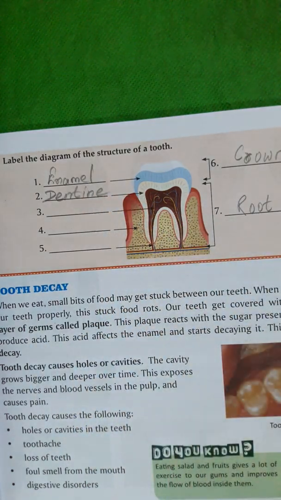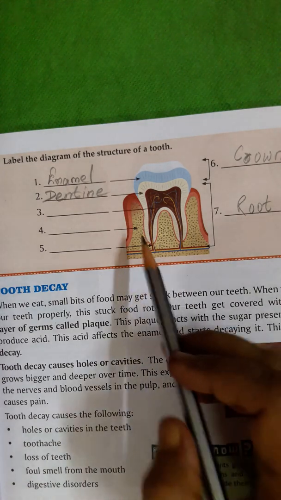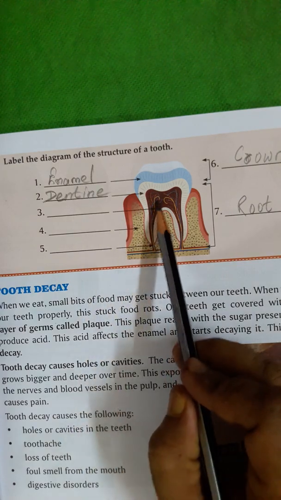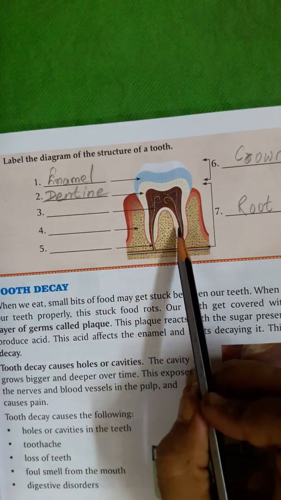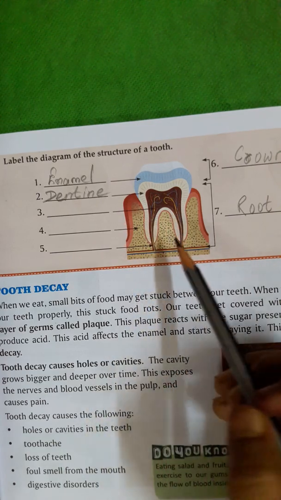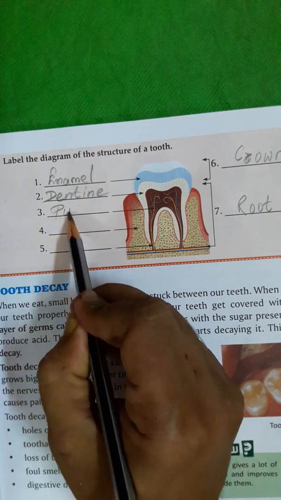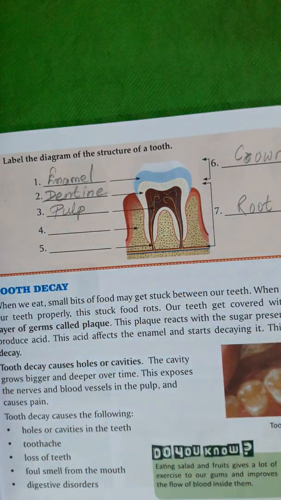Then the brown portion which you can see here, covering the blood vessels and the nerves, is the pulp, P-U-L-P.